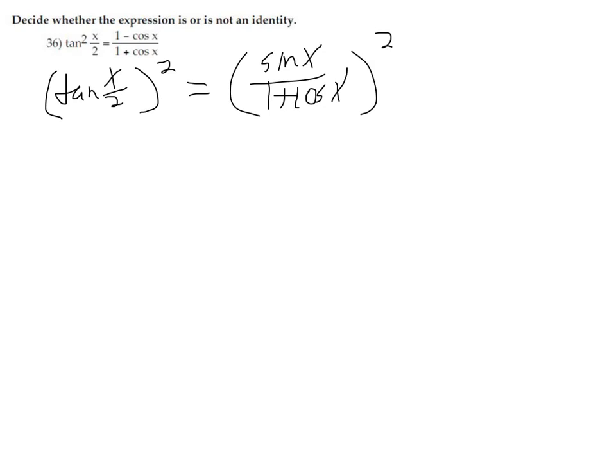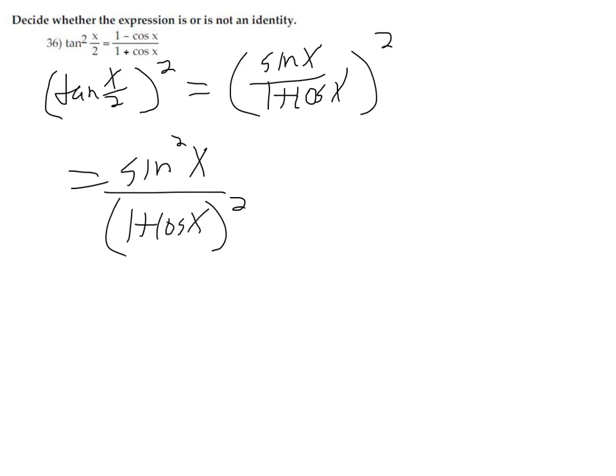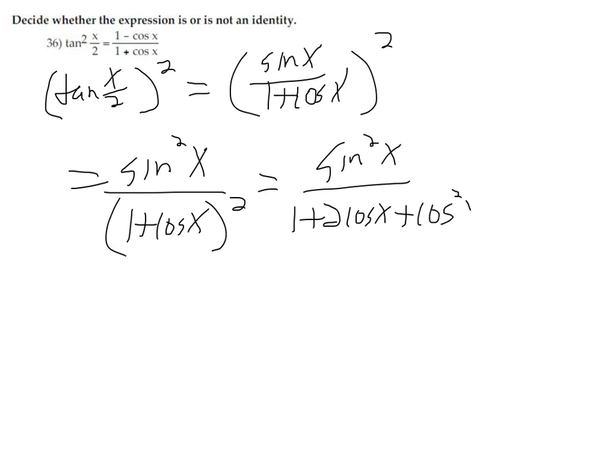So far so good. Now squaring, the numerator just gives us sine squared x. The denominator gives us the whole thing, 1 plus cosine x squared. So we have to FOIL that one out. I have sine squared x over 1 plus 2 cosine x plus cosine squared x.